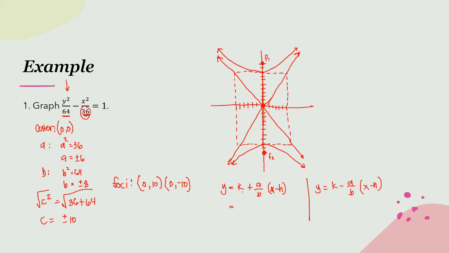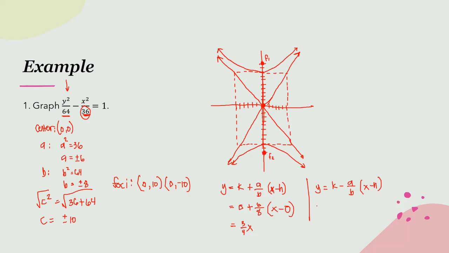So our k is 0. As you can see, we don't have a value for k and h, so that's 0. Our a is 6, our b is 8, and we have the x. h is 0. So meaning to say 6 over 8, which is also equivalent to 3/4 x.